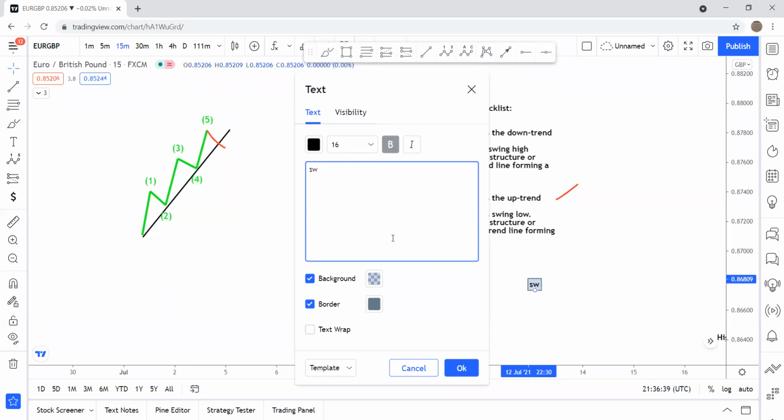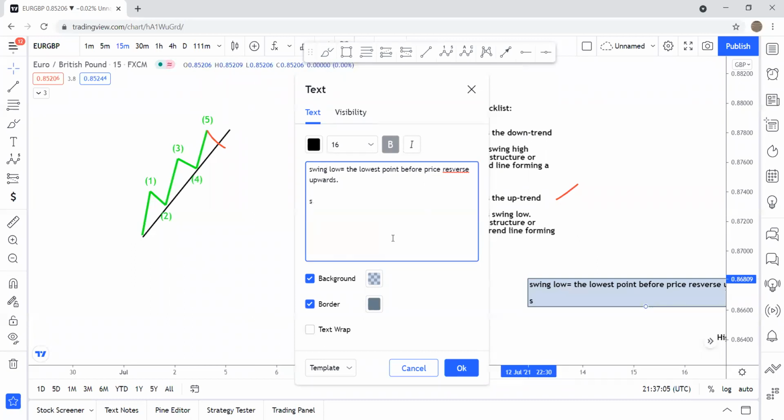Swing low means the lowest point before price reverses upwards, or buy.